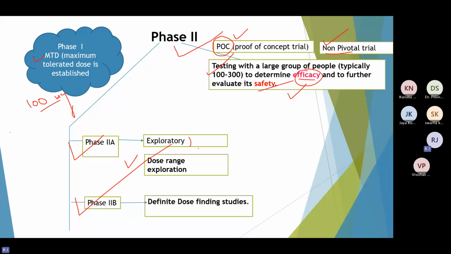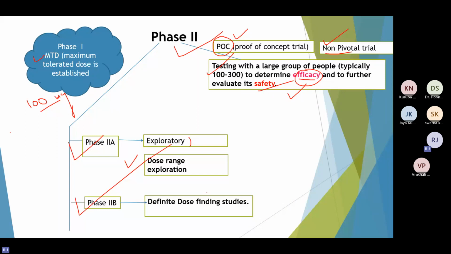So in dose range exploration, what do we give? 10, 20, 30, 40, up to 100, and we try to see the effect. At 10 mg, 20 mg, what is the effect? Once we identify that at 60 mg, 70 mg, 80 mg, the drug is showing the maximum effect, then in phase 2B, with that range of 60, 70, 80 mg, again we'll recruit some subjects and give that drug.